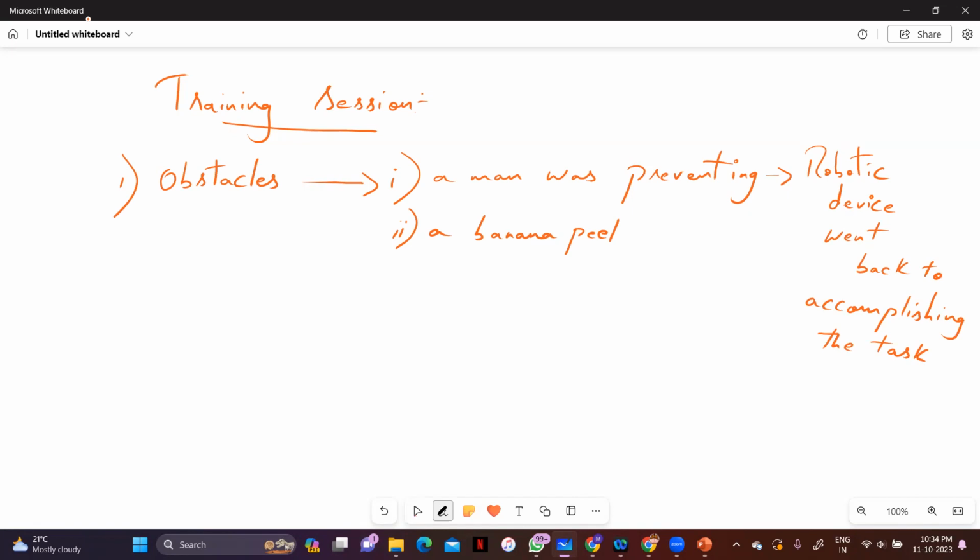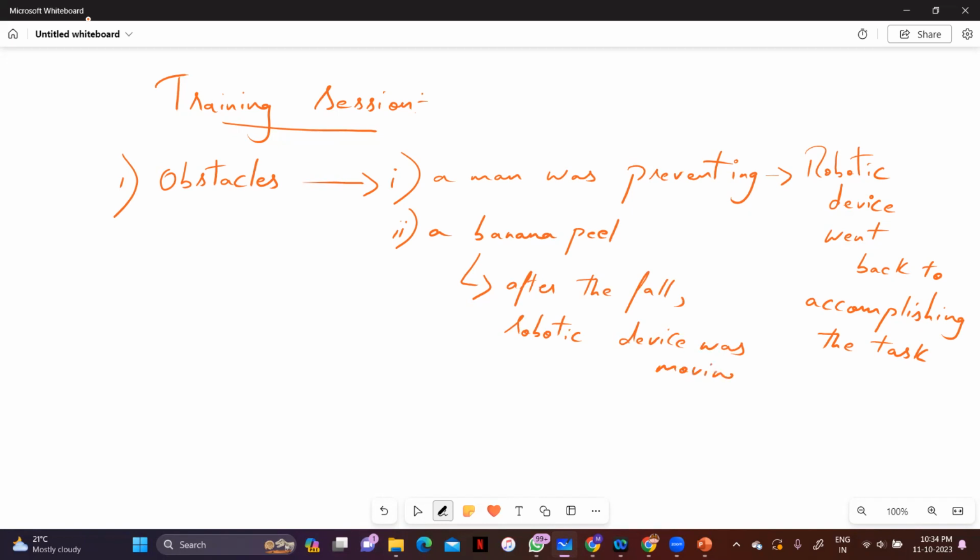And the banana peel incident. What is the advantage of this training session was, even after the fall, the robotic device started moving.